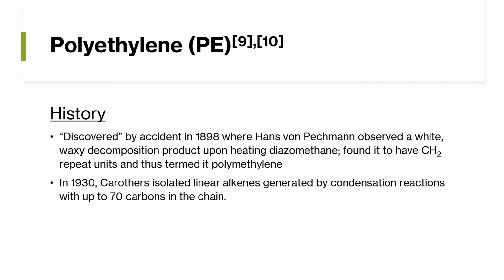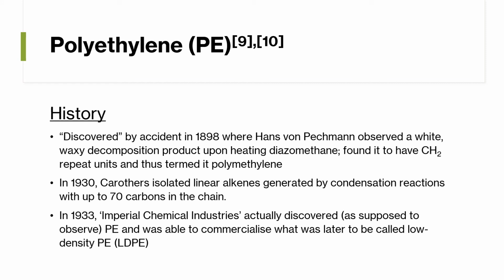But this condensation approach to PE synthesis was industrially impractical, so it wasn't until 1933 that British company Imperial Chemical Industries actually discovered, as opposed to observed, polyethylene and was able to commercialise what was later to be called low-density polyethylene.